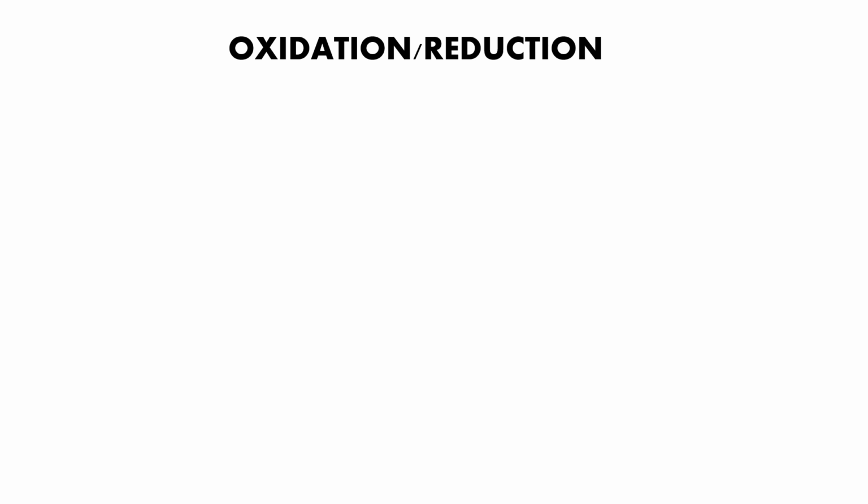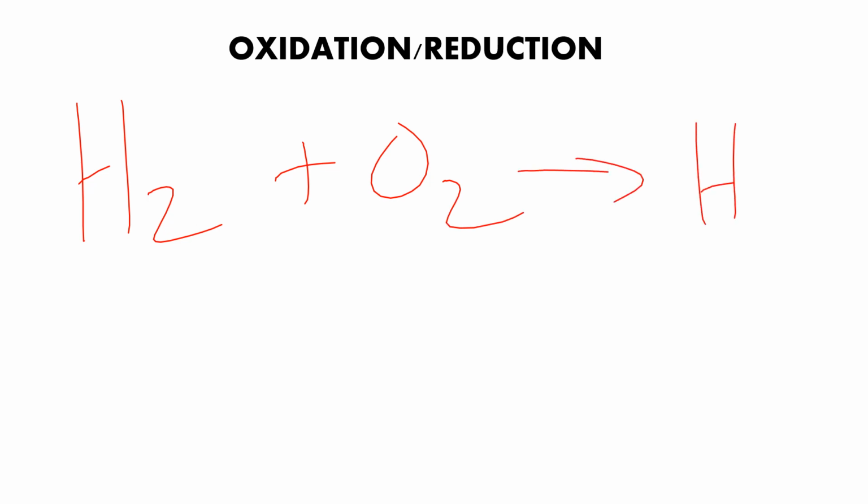Now, what about the hydrogen and oxygen reaction? What's going on there? Well, again, hydrogen and oxygen on the left-hand side are both elements, so zero oxidation state. One of them is getting oxidized, one of them is getting reduced. One of them is accepting electrons, one of them is losing electrons.